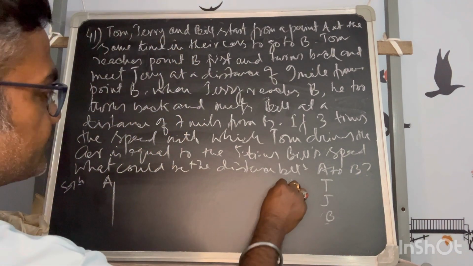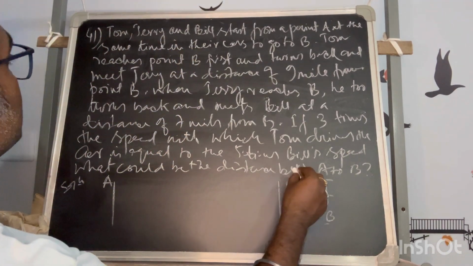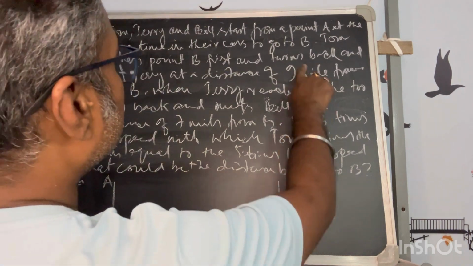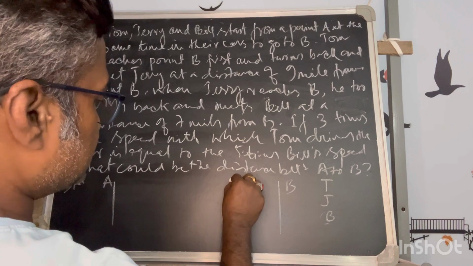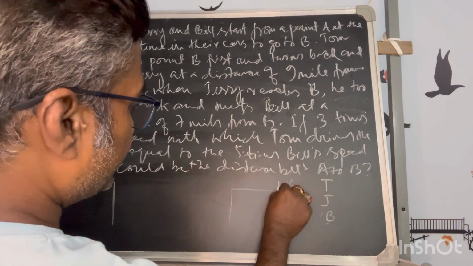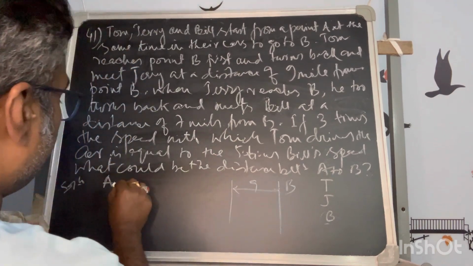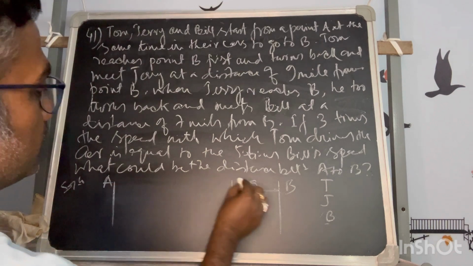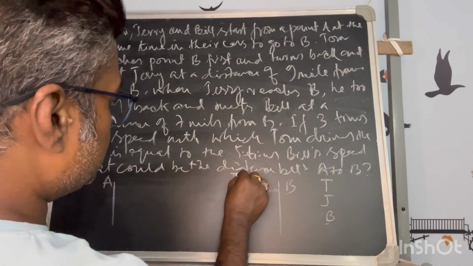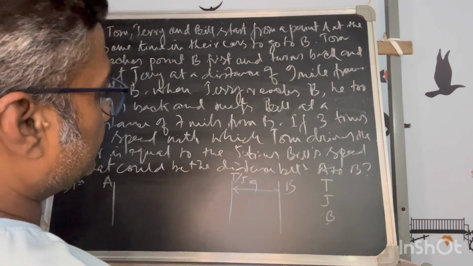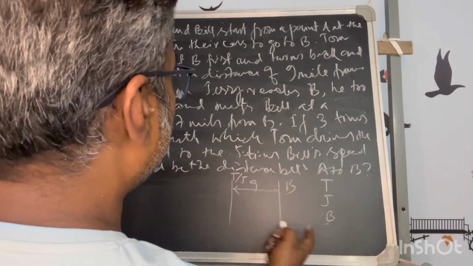So Tom reaches first, then turns back from B and meets Jerry at a distance of 9. So let's say this is 9. So when Tom is coming back, Tom's last position is this and Jerry's last position is also this. They are meeting at 9 miles from B.